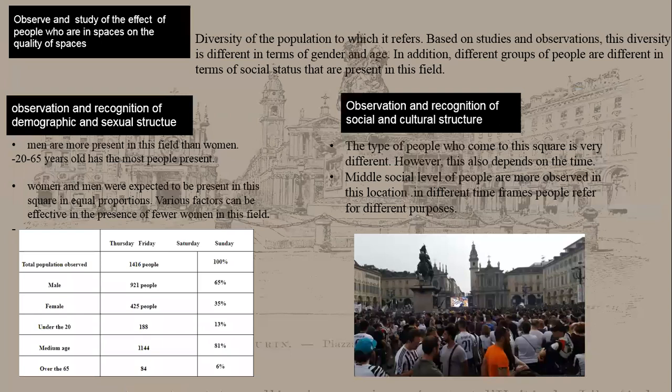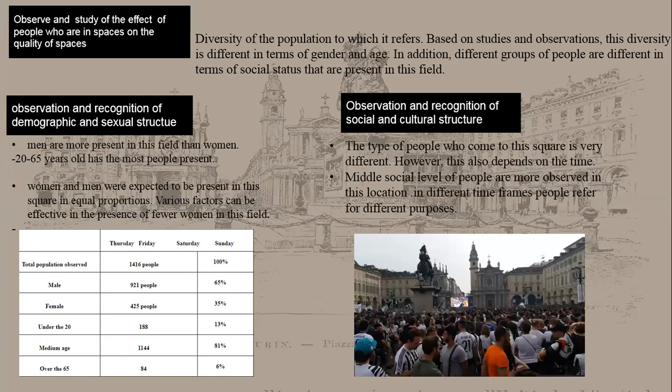About the observation and study of the effect of people in spaces on the quality of a space, another important factor to consider about San Carlo Square is the diversity of the population. The diversity is related to gender, age, or different groups of people. In the observation by the group members, the total population observed is about 1,416. The majority of them are men, about 65%, whereas the lowest group is people under 20 years old, about 13%.